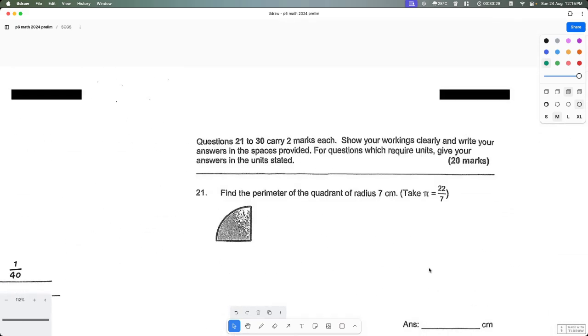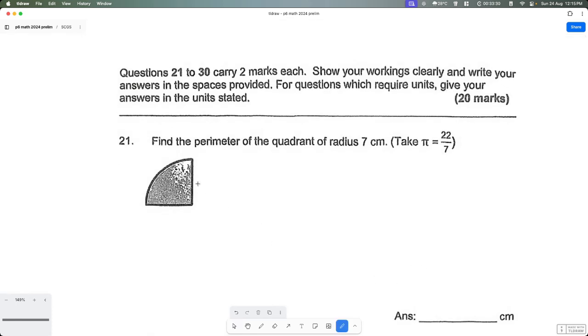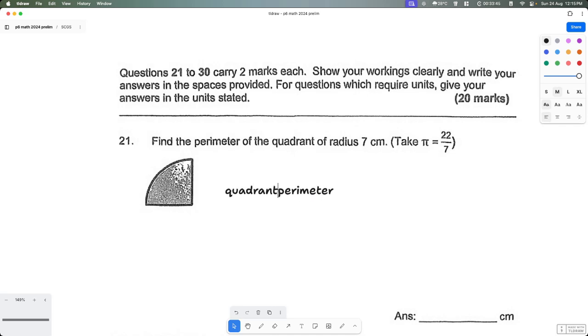Question 21. Okay, so question 21 says find the perimeter of the quadrant of radius 7 centimeters. So the quadrant perimeter is equal to 1 quarter times 2 times pi times radius, which is 7.